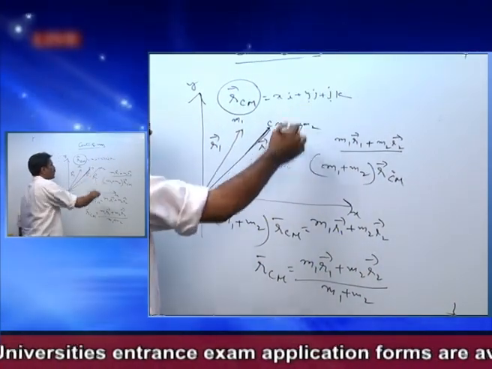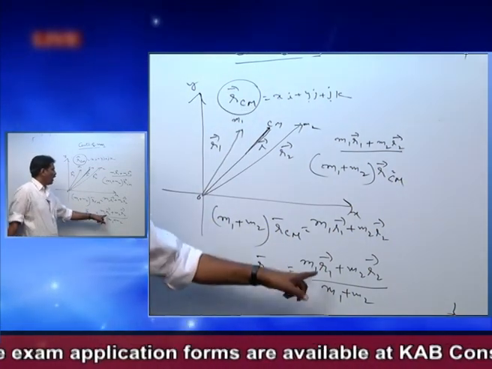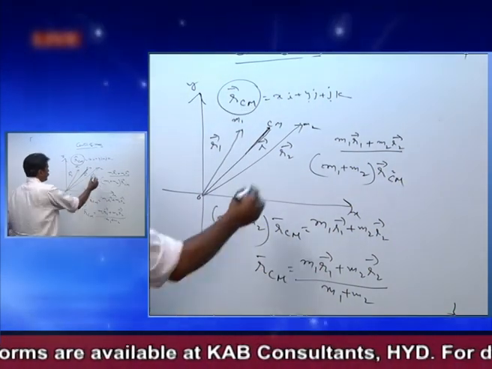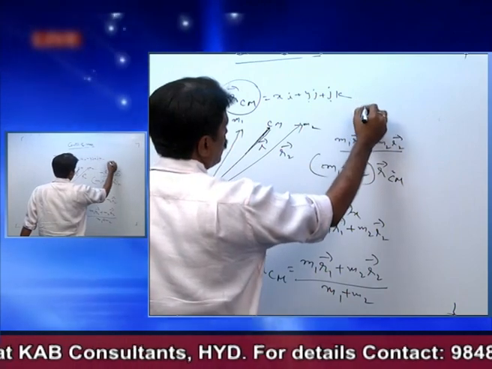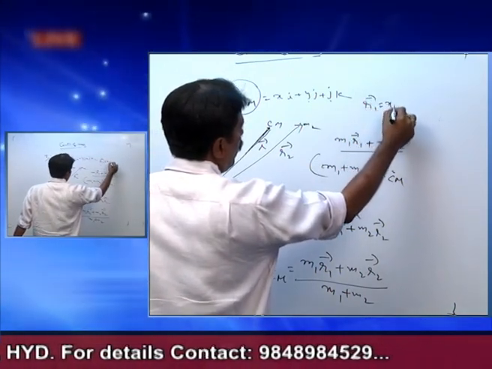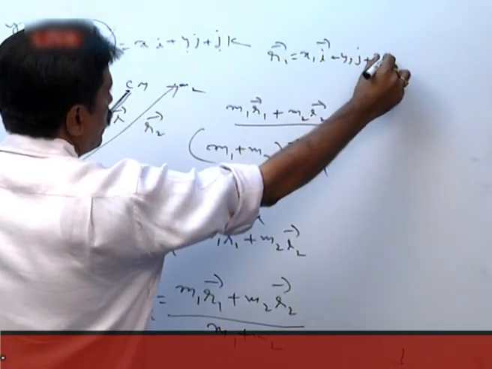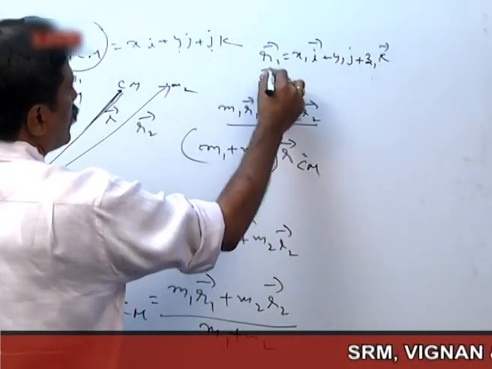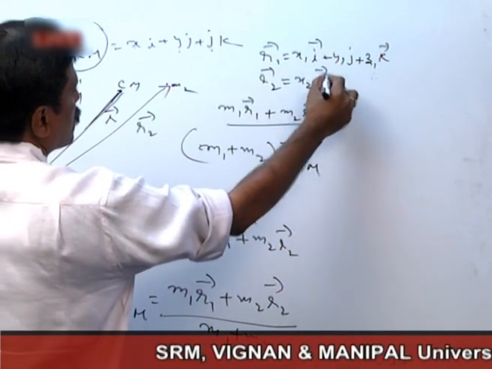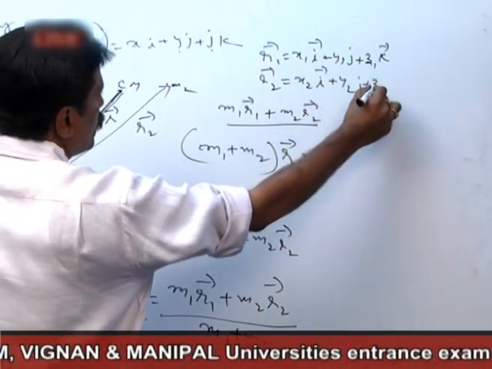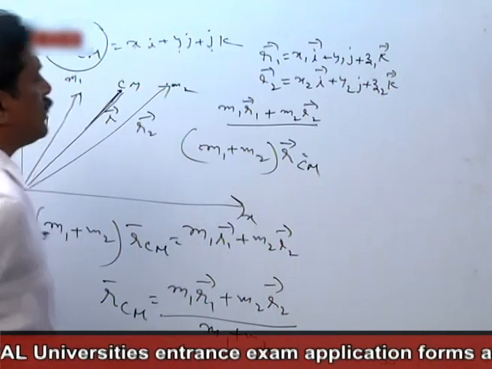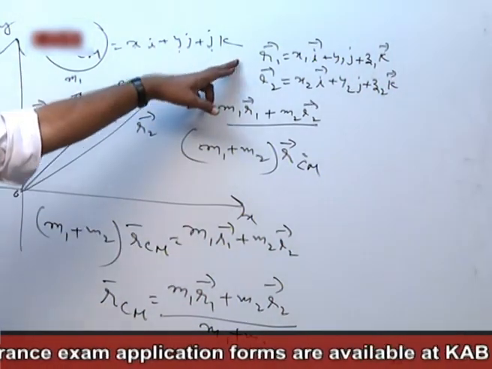That is how you represent RCM. Similarly, R1 will be equal to x1 i plus y1 j plus z1 k. Similarly, R2 is equal to x2 i plus y2 j plus z2 k. So, this is how we represent R1 and R2.